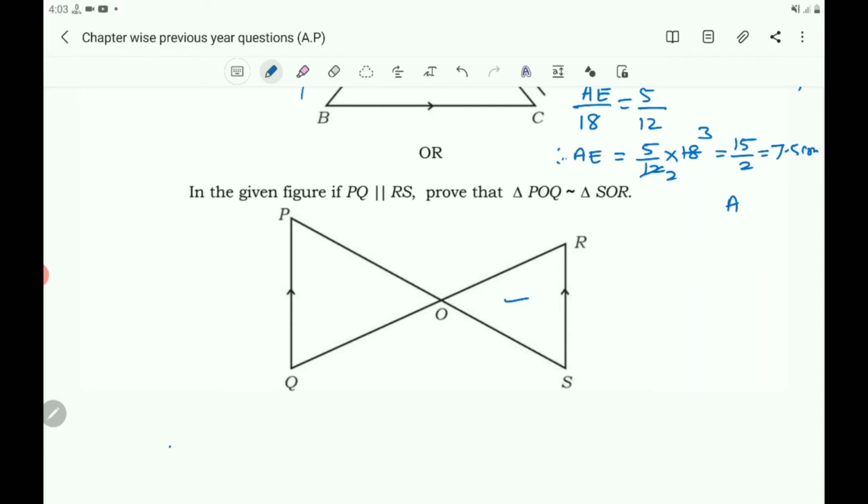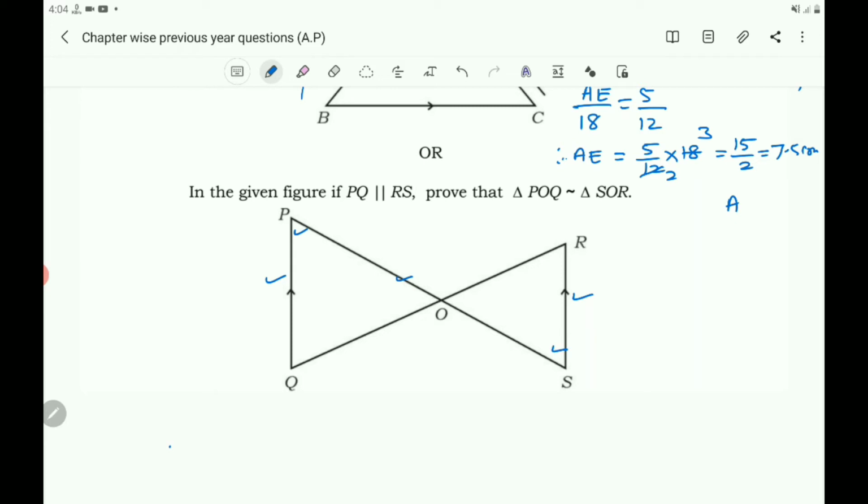How will you prove that they are similar? You can use any one of the similarity criteria, that is AAA similarity criteria or SSS similarity criteria or SAS similarity criteria. Now here it is given that this PQ is parallel to RS. Then if you take this transversal, these two angles become the alternate angles and they must be equal.